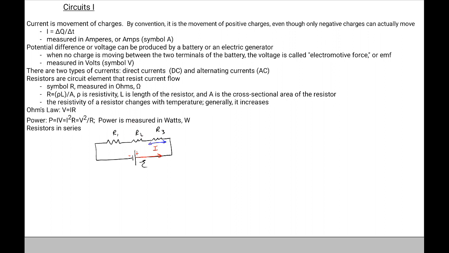So this potential drop will be V3 equals I R3 by Ohm's law. The potential drop across R2 is going to be V2 equals I R2. And then the potential drop for R1 is going to be V1 equals I R1.